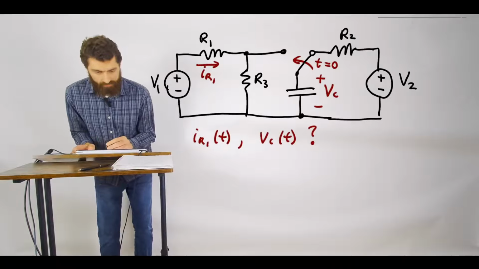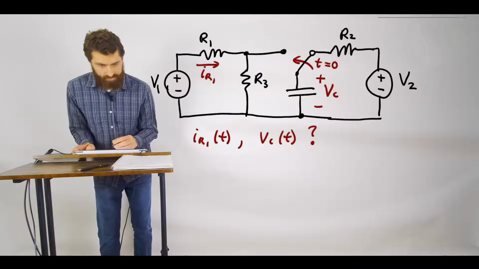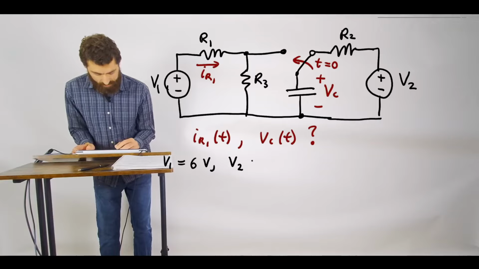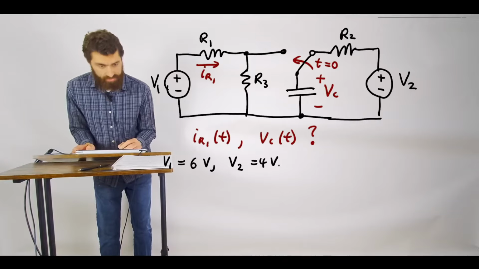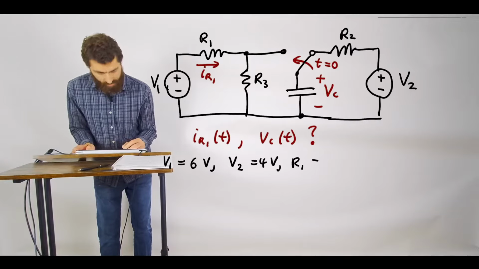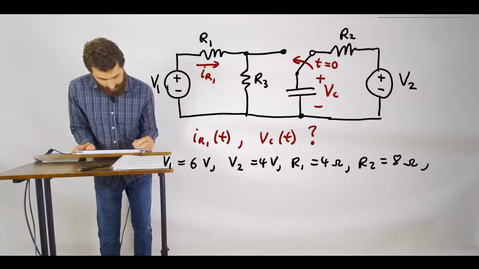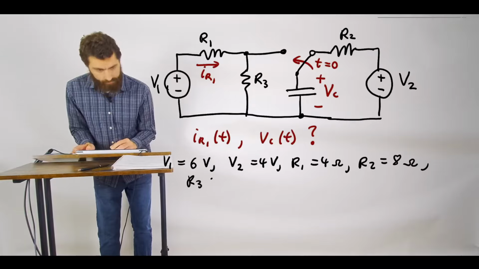And we're going to use the following values to solve this circuit. V1 is equal to 6 volts, V2 is equal to 4 volts, R1 is equal to 4 ohms, R2 is 8 ohms, and R3 is equal to 6 ohms.